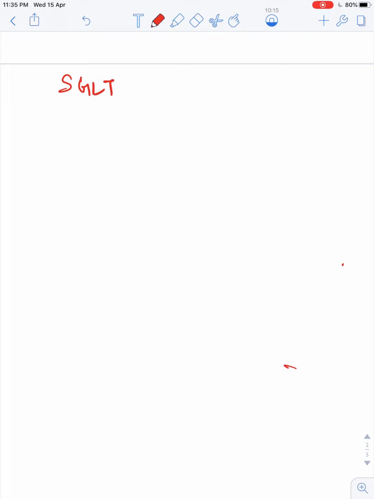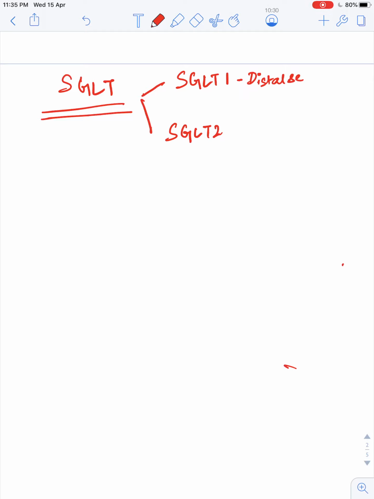SGLT is present in the kidney. It has two variants, SGLT1 and SGLT2. This SGLT1 is present in the distal segment of the PCT, that is the proximal convoluted tubule.